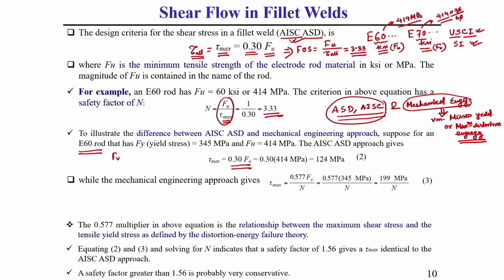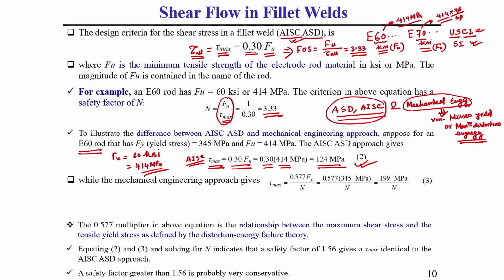This E60 has an Fu value of 60 KSI, or 414 MPa. According to the AISC criteria, tau max you get is 124 MPa. How? Already I have shown you, that is 0.3 into 414.